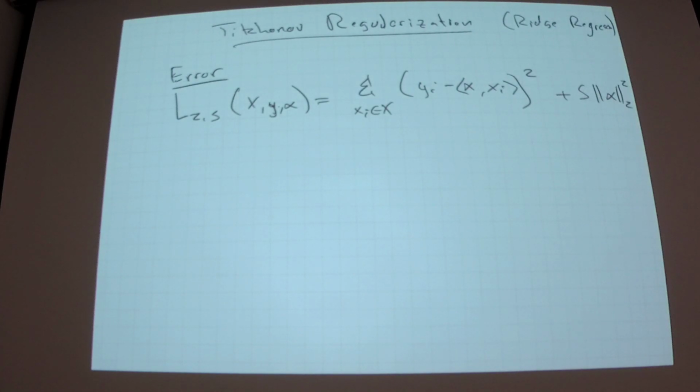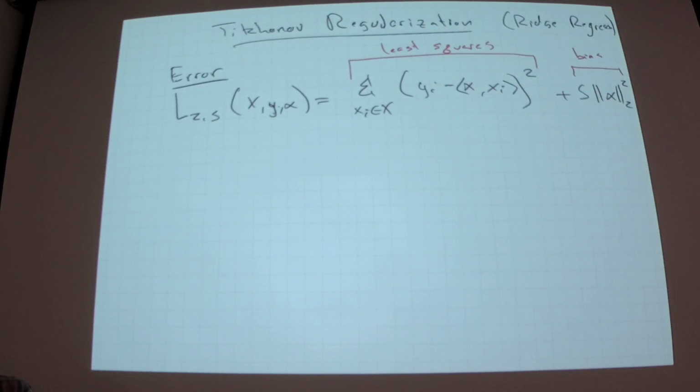So I'm adding a bias term to my cost function. The original part is the least squares. This is the same as before, right? So I have this dot product model with x_i. I want to solve for alpha to minimize this. That's the sum of the squared residuals, right? And now I'm adding some bias term here.